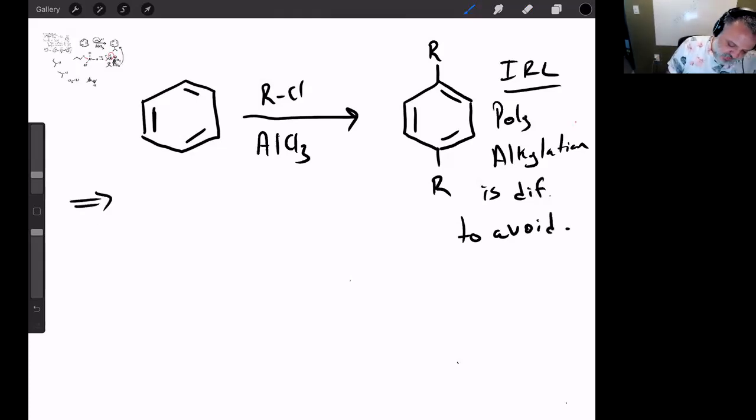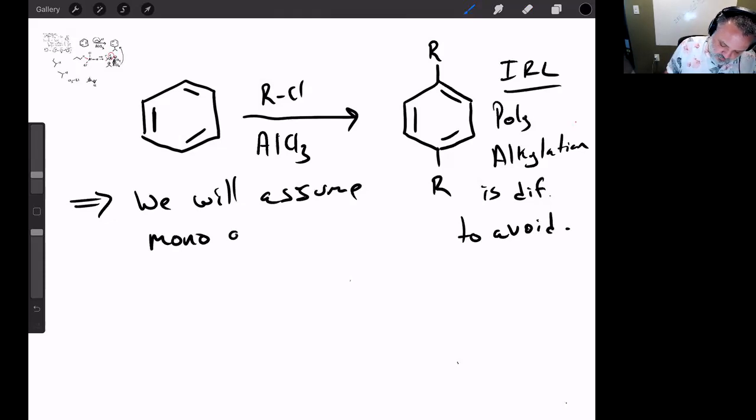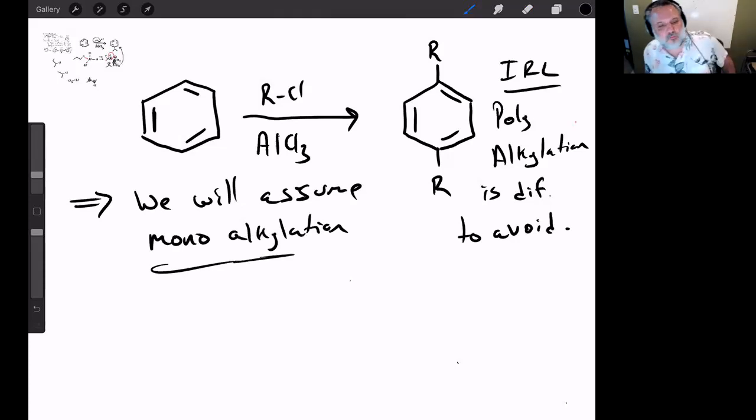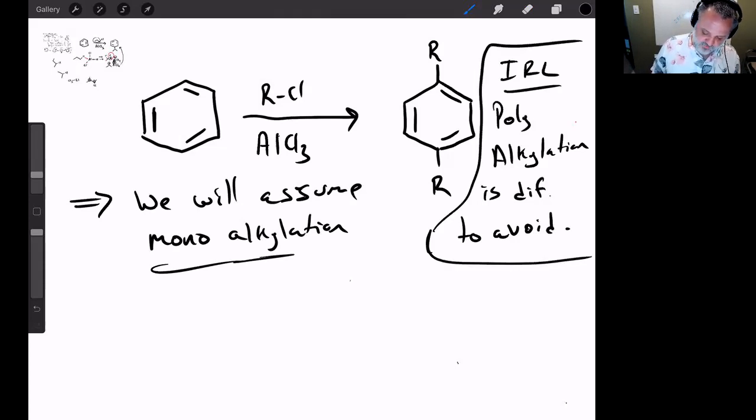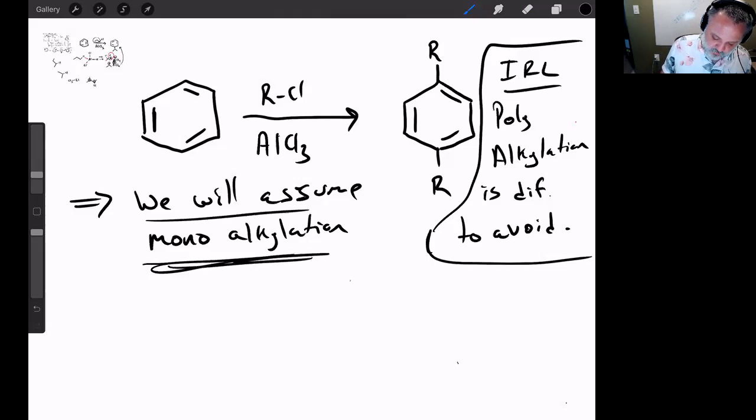Luckily for you in this class, we will assume monoalkylation for our chemical synthesis reactions, for any time we're doing synthesis. So the note is that in real life, if you were to walk into the lab, it would be difficult to prevent additional alkylation from happening. In this class, I will assume that you can do reactions with a single alkylation.